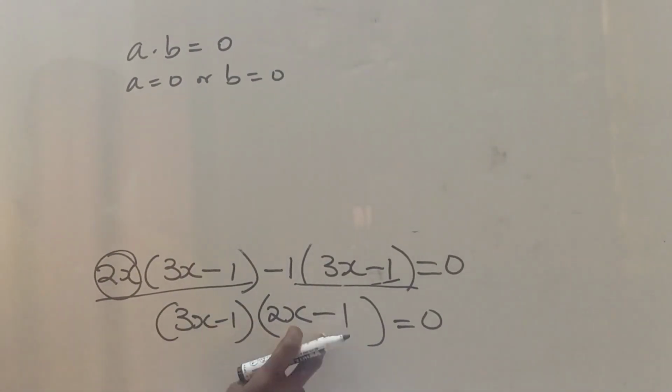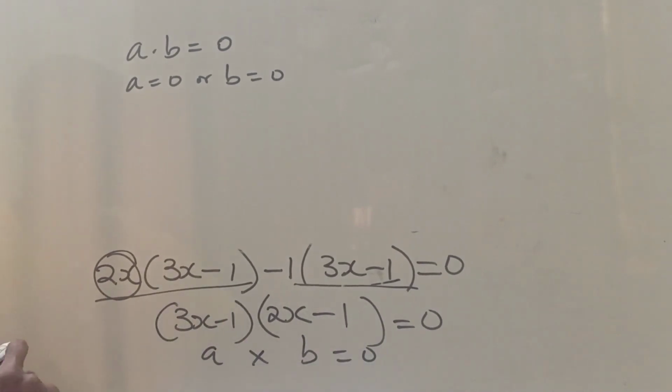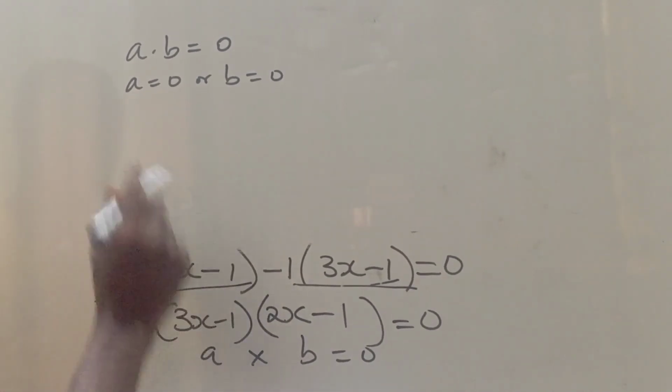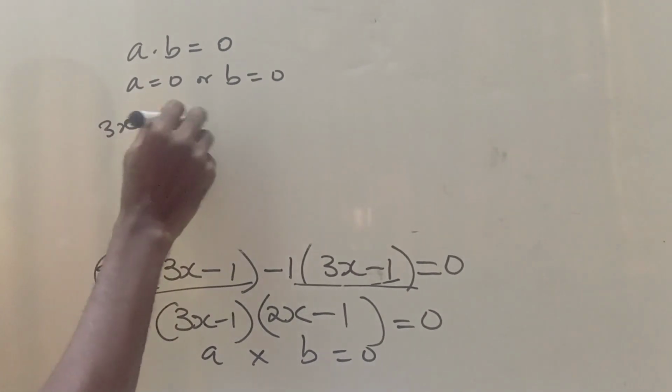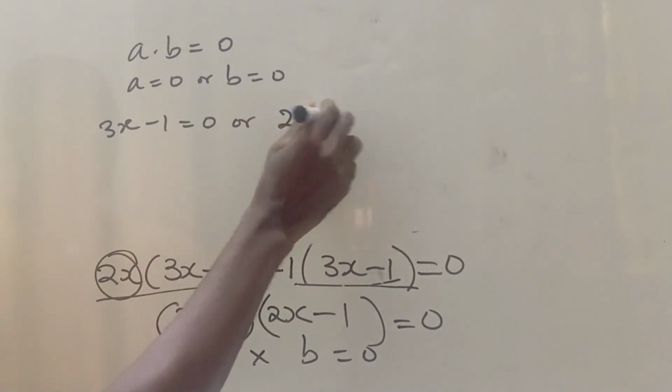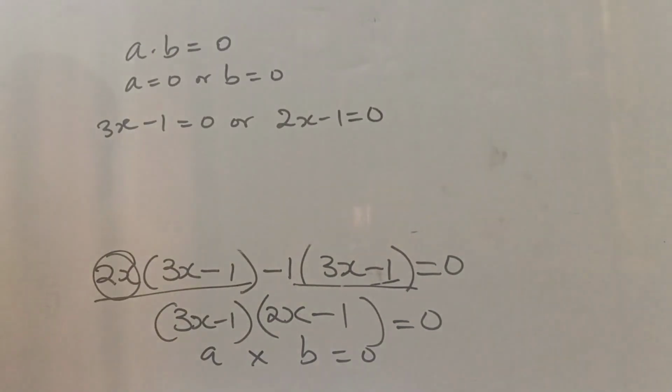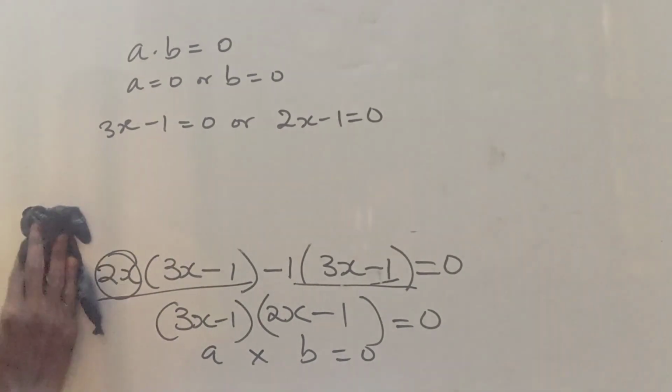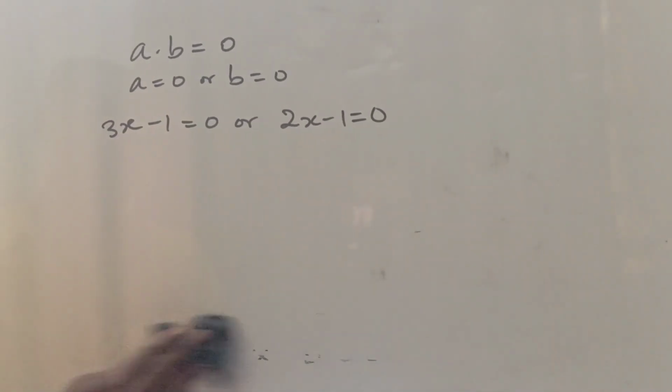So if we have this times this equals 0, we can say 3x minus 1 equals 0, or 2x minus 1 equals 0. This is a given condition when we are solving quadratic equation.